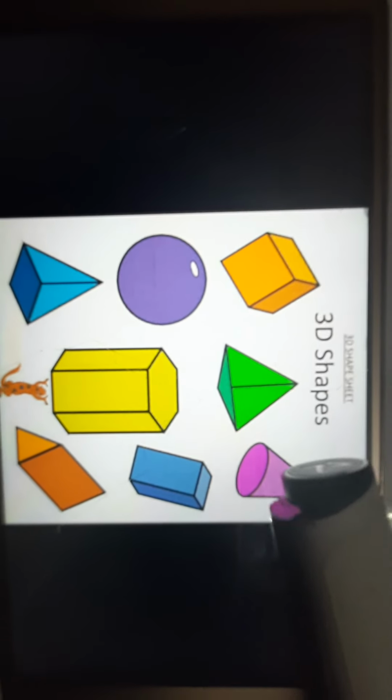Besides a cube, a cuboid, a cone, a sphere, a cylinder, in this chapter we will learn about a pyramid, this green and blue figure, and a prism also, this yellow figure. So you will study two more types of three-dimensional shapes in this chapter.